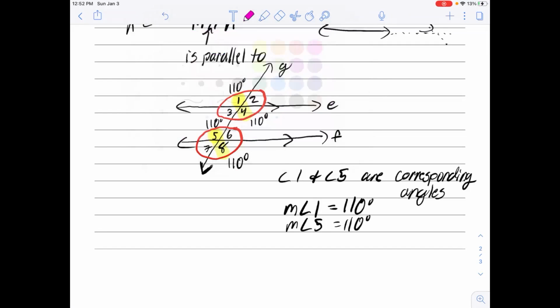The other thing is that these two angles, 1 and 2, form a straight line. A straight line is 180 degrees. So if 1 is 110, 1 plus 2 has to be 180. So I have to do 180 minus 110 to find the measure of angle 2. Well, 180 minus 110, that's 70 degrees.